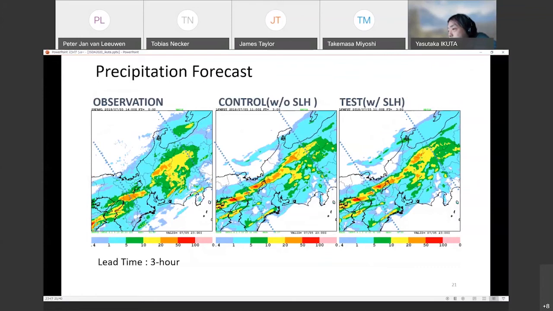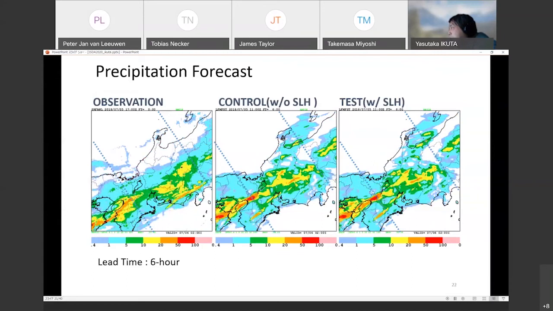You can see that the forecast of the precipitation area is closer to the observation. In the 6-hour forecast, the distinct difference is lost in this case.